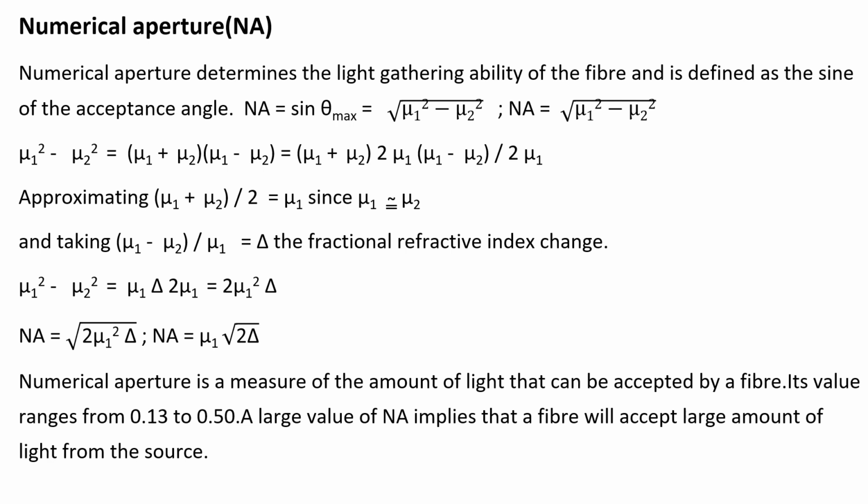Thus, numerical aperture is a measure of the amount of light that can be accepted by a fiber. Its value ranges from 0.13 to 0.5. A larger value of numerical aperture implies that a fiber will accept a large amount of light from the source.